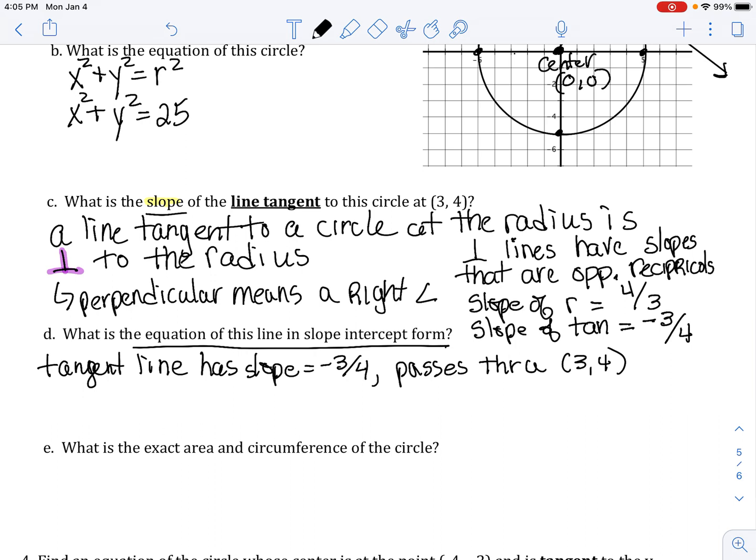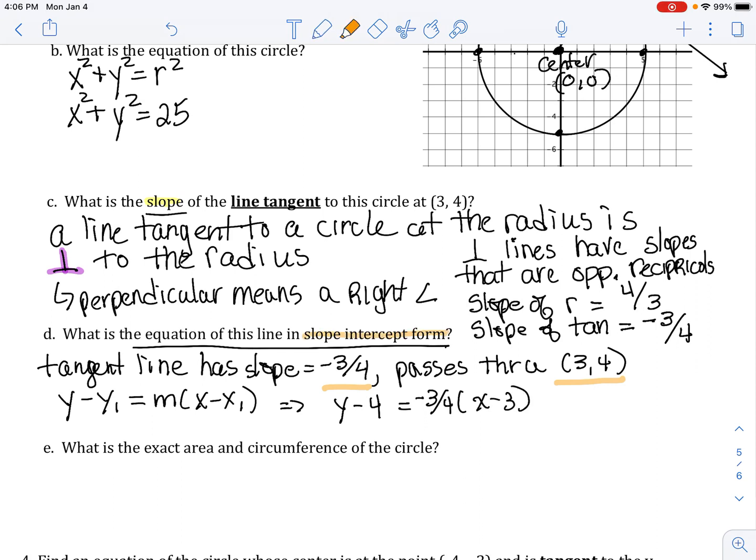So we're going to go back to an equation called point-slope: y minus y1 equals m(x minus x1). We're going to dump our slope and our point into it. So that's going to be y minus 4 equals -3 over 4 (x minus 3).